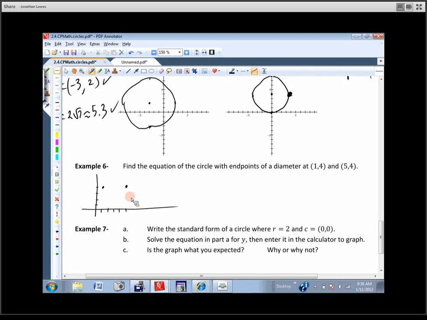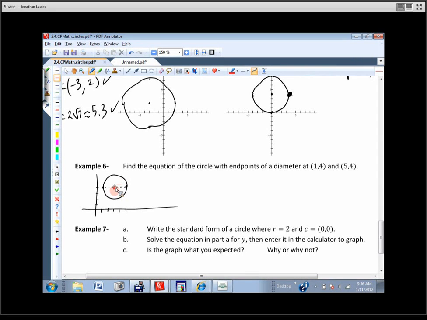So if this is a diameter right here, then the circle must go like this. Right? Okay. Let's see. You only need 2 things to write the equation of a circle. You only need the center and you need the radius. Where would the center be in comparison with these 2 points? At the midpoint. Okay, it would be right in the middle.